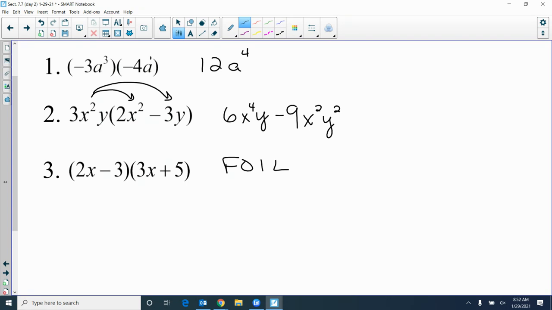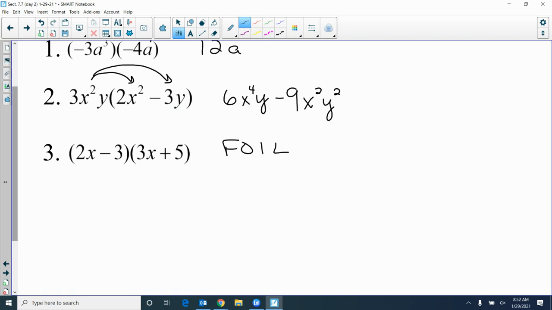Morgan, how am I going to do this one? 2x times 3x. What does that give me? 6x squared. Then 2x times 5, that's 10x. You've got 1x, and that's just a 5, so 2x times 5 gives me 10x. Agree?